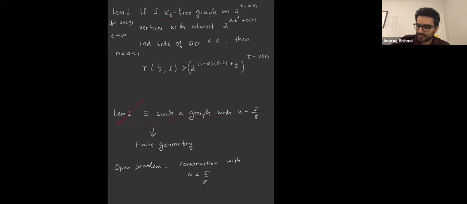And now we need to focus on the other part. Once you have one construction like this of a KT-free graph, which doesn't have too many independent sets, then how do you really obtain a coloring, an L coloring for an arbitrary L using this one graph such that there are no monochromatic KTs?